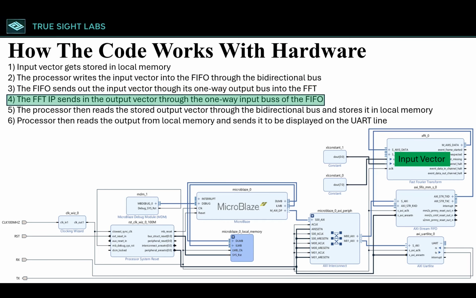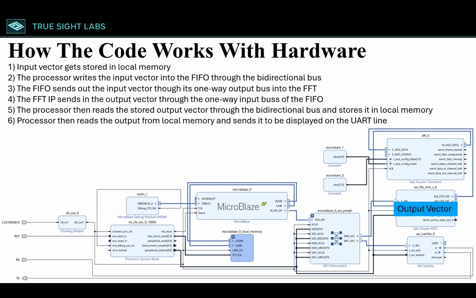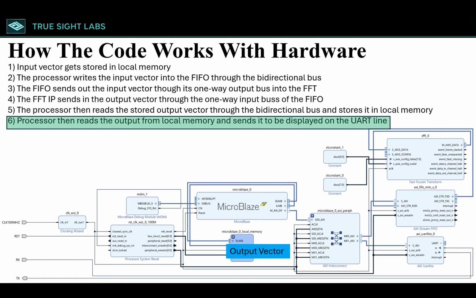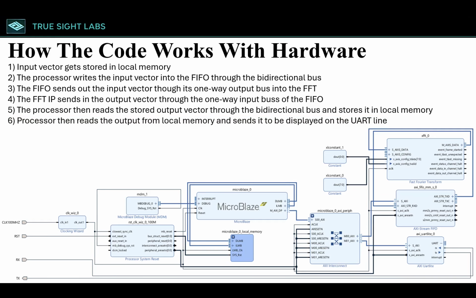Then, the FFT IP sends in the output vector through the one-way input bus on the FIFO. Then, the processor reads the stored output vector through the bidirectional bus and stores it in local memory. And finally, the processor reads the output from local memory and sends it to be displayed on the UART line. Now that we've walked through the entire process, we're ready to start building it in Vivado.